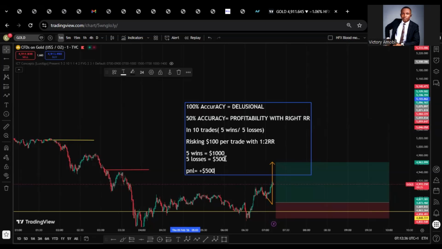If you lose 5, so assuming you are trading a 5K prop account, right? And you're in a funded stage. You're already up 10% on that account. If it's a 10K account, you're already up 5%, right? If it's a 20K account, you're already up 2.5%.